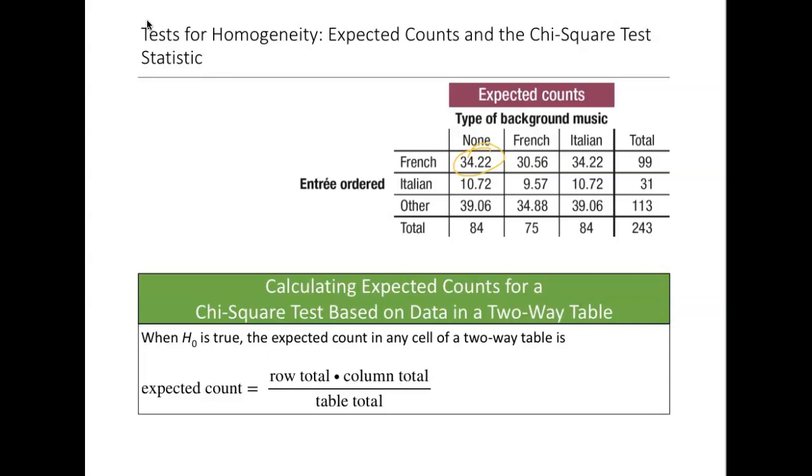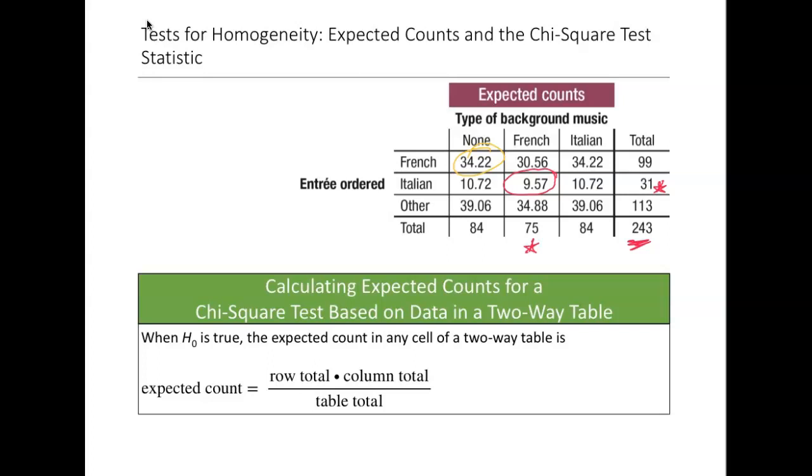If I wanted this other expected value, we would do row total 31 times column total 75 divided by table total 243, and that gets me 9.57. If we did that for every cell in our table, we would get the expected count for each combination.